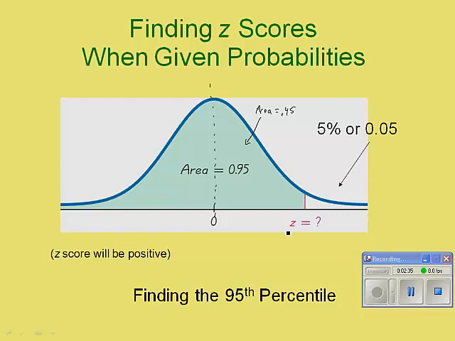Now, remember what the back of the book does. The back of the book starts at 0 and goes to the z-score, right? So what's she looking for? She's looking for an area of 0.45, or anyone else that's using the table. If you find a probability of 0.45, you might be able to find a z-score.